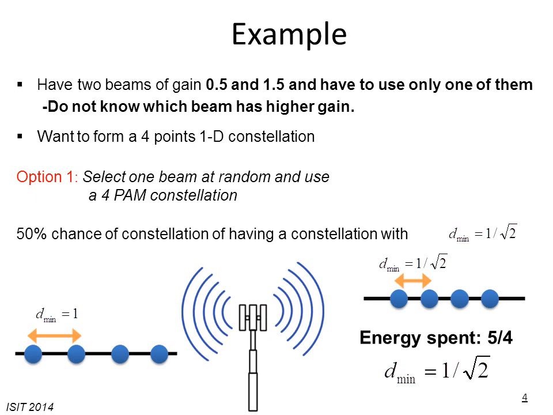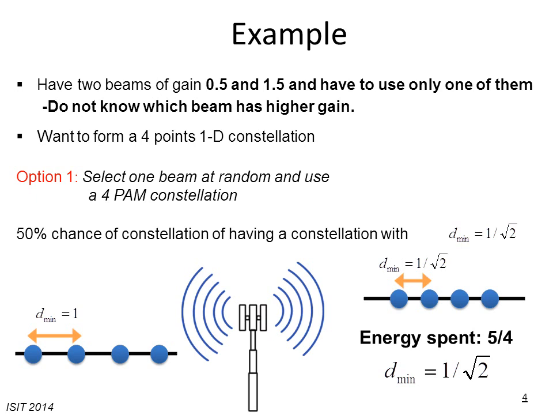Option 1, which corresponds to legacy systems, is based on the following: we select one of the beams at random and use a 4-PAM constellation with a minimum distance of 1. We may be lucky and select the beam with the higher gain, but there is a 50% chance that we select the beam that has a lower gain.